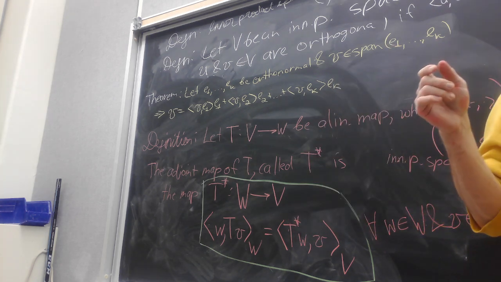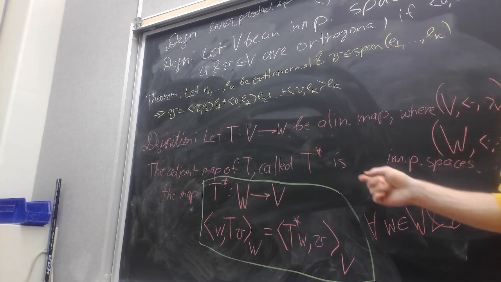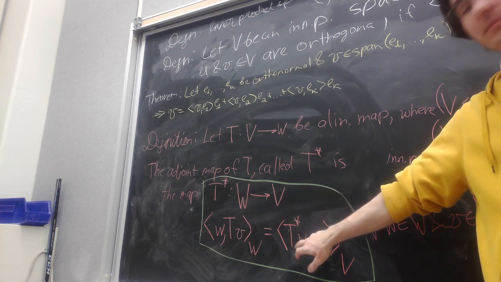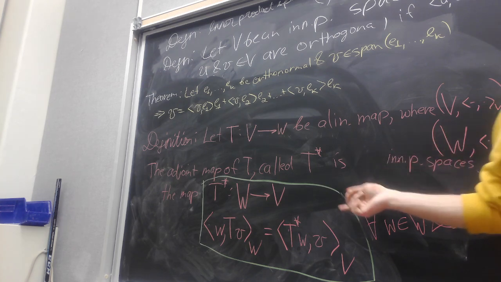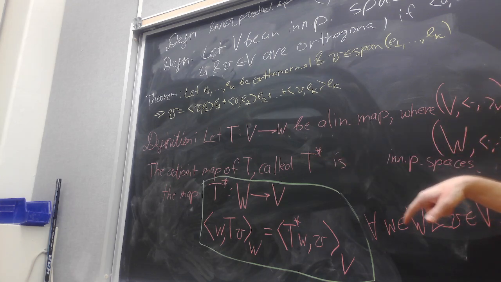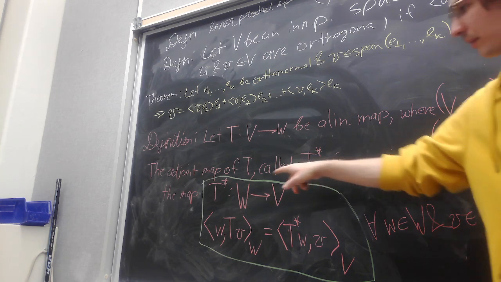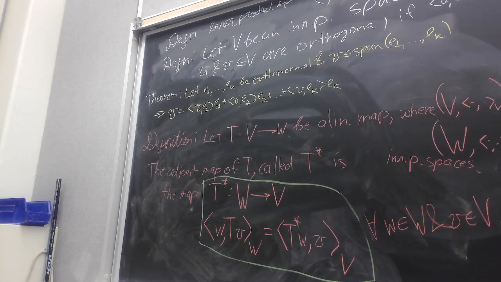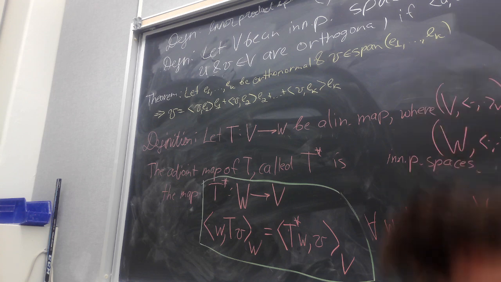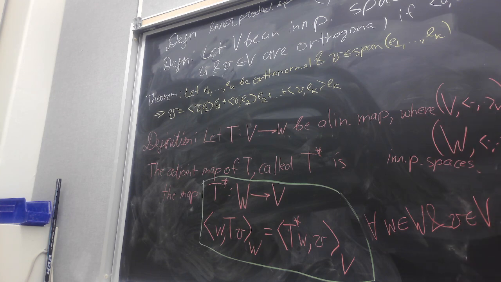I can define something that goes from W to V, and if I applied it to the W vector here, it would still give me the same inner product as W inner product TV would give me. But note that T star goes from W to V, the opposite direction. So this makes these operators play nicely with the inner product in W and in V.